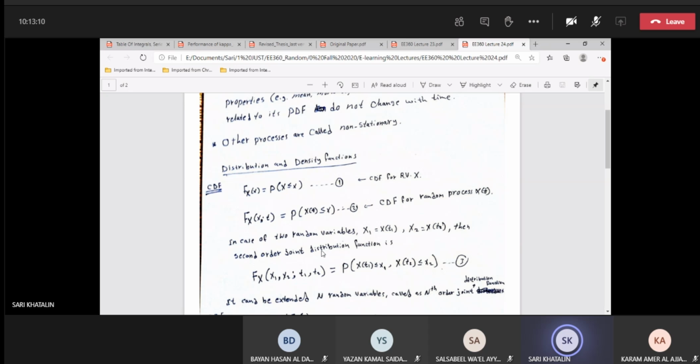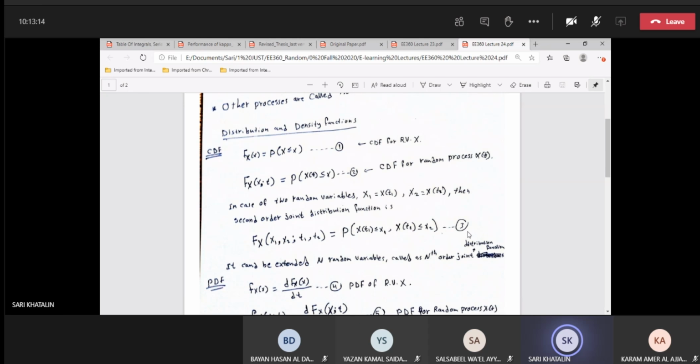Okay. And of course, if we have more than one, then we're going to include it as shown here, like the joint distribution function is going to be equation 3, as you can see here. The F_X of x1, x2, t1, t2 is going to be the probability of the random process X of t1 less or equal to x1 and X of t2 less or equal to x2.